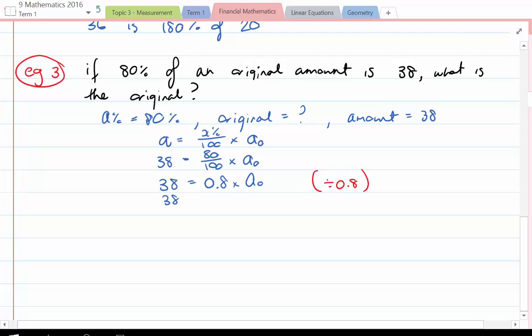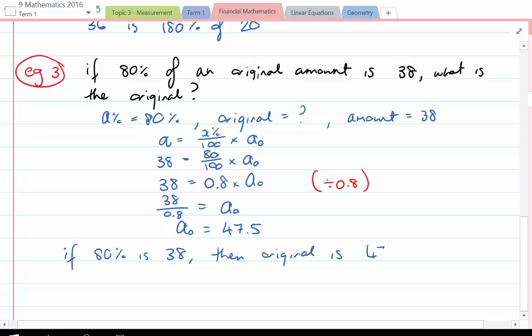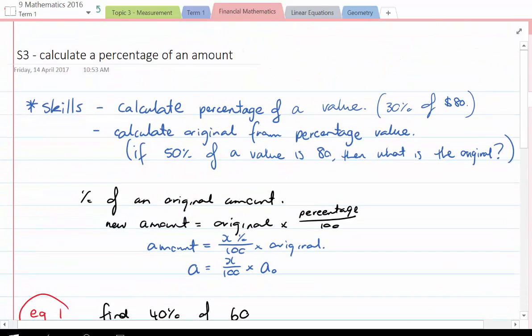So we've got 38 on 0.8 is equal to AO, which is 47.5. So that tells us that if 80% is 38, then the original is 47.5. Okay, so that's calculating percentage from a value and then calculating the original from a percentage value as well.